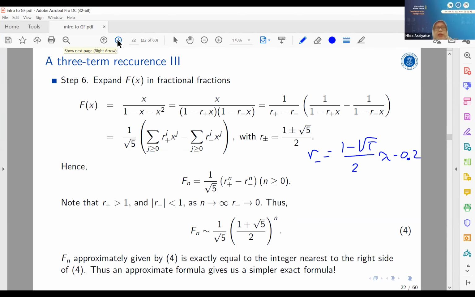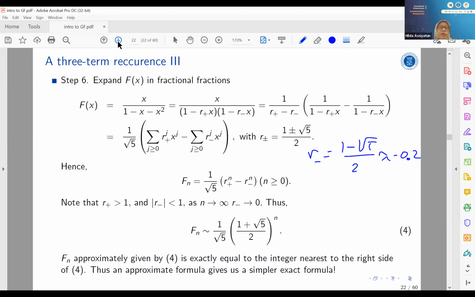You will get the same answer. Then this one is the sequence with 3 terms. Again, in this case, we can also use the characteristic equation to solve it. As you can see in these 3 examples, the methods work in the same fashion.